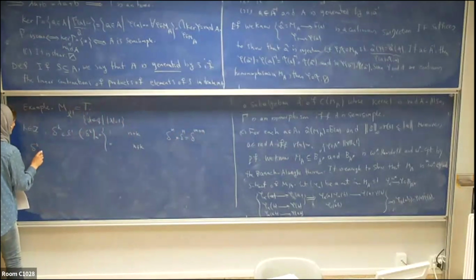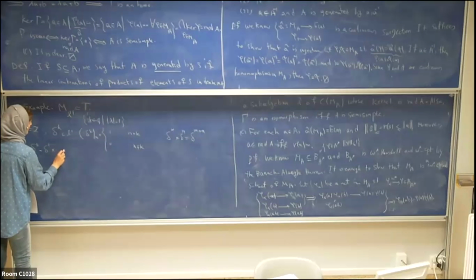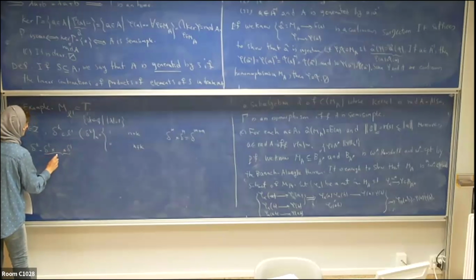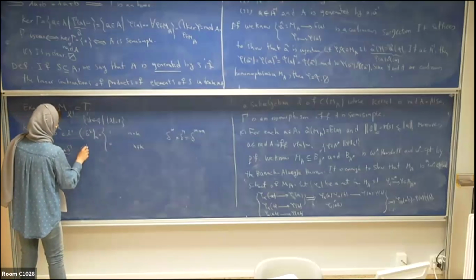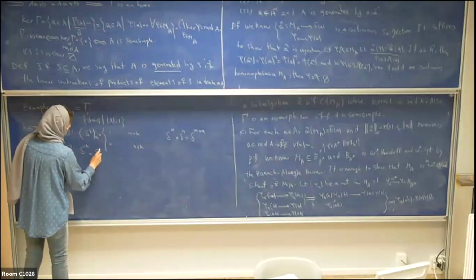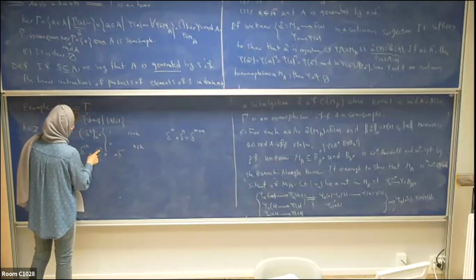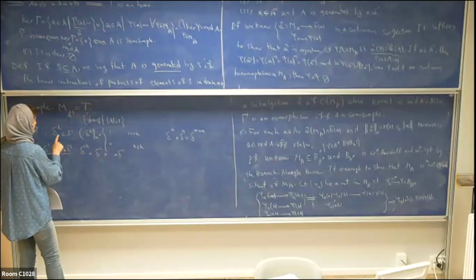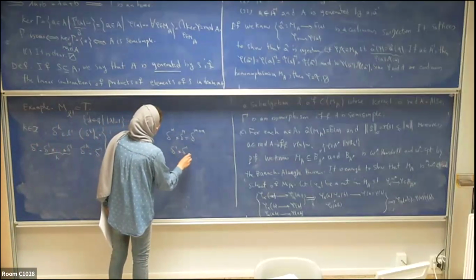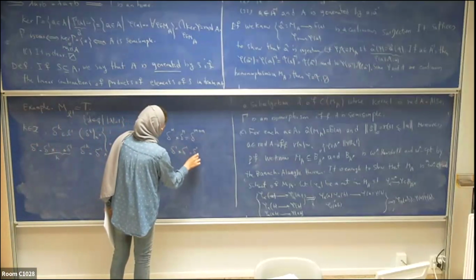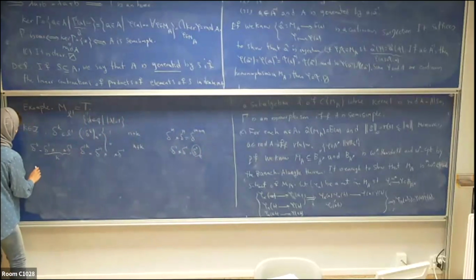With induction, you can see that delta k is the convolution of delta 1 k times, and delta minus k is the convolution of delta inverse k times. It's actually the inverse of delta 1 because delta 1 star delta minus 1 is delta 0, which is exactly the unit element.